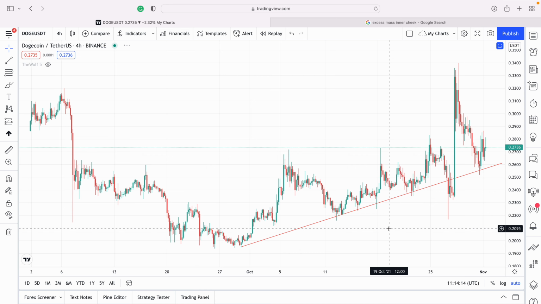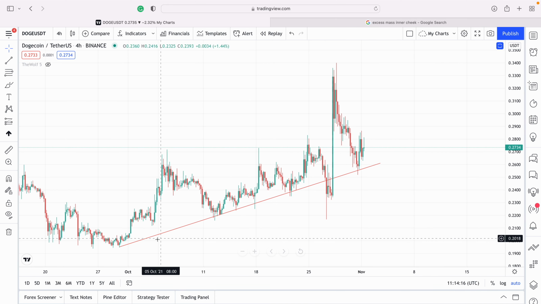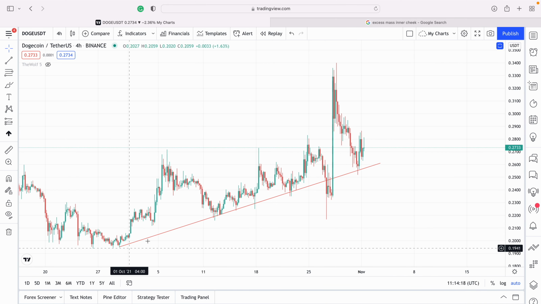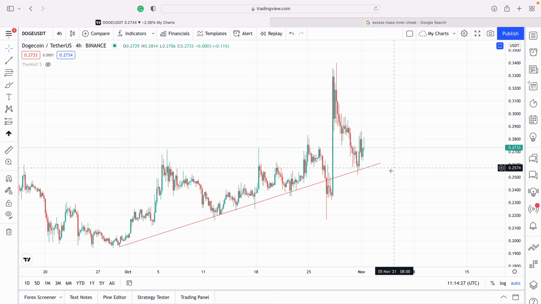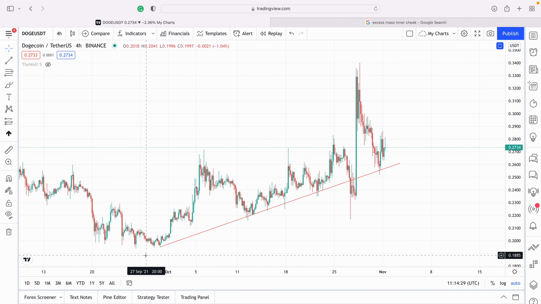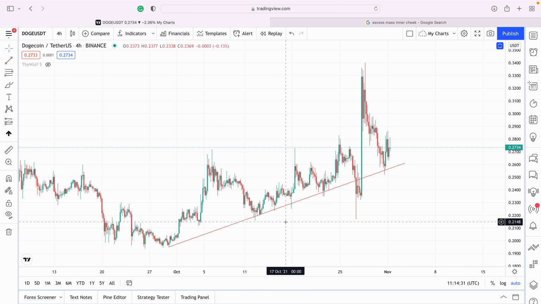But the point is, I wanted to see where exactly the trend is going. It's definitely going up since the 29th of September at 8. It's been going up ever since. Now, the next thing we want to see is the trend line itself.